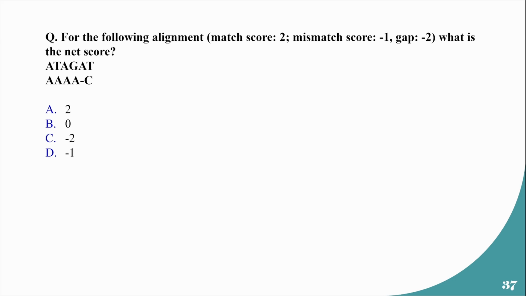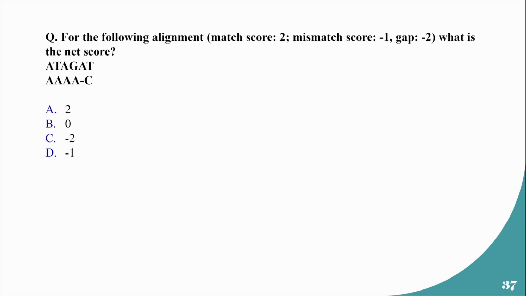Now for this question, you have already been given an alignment, and based on the match, mismatch, and gap scores given, what will be the net score of the alignment? You can try to calculate it and report in the chat.